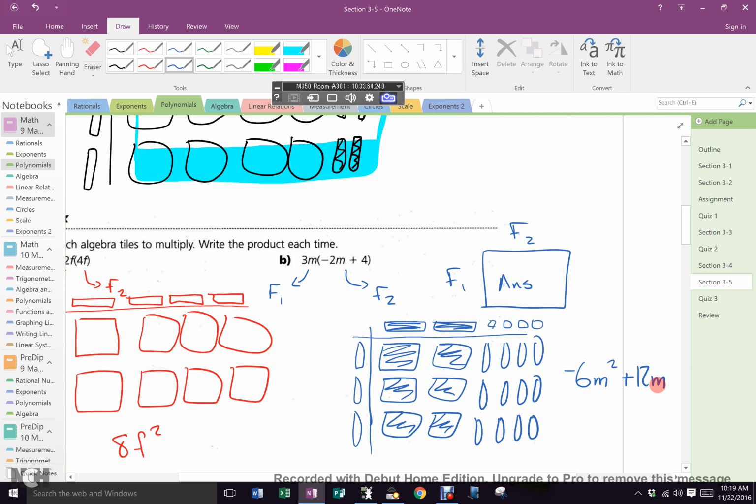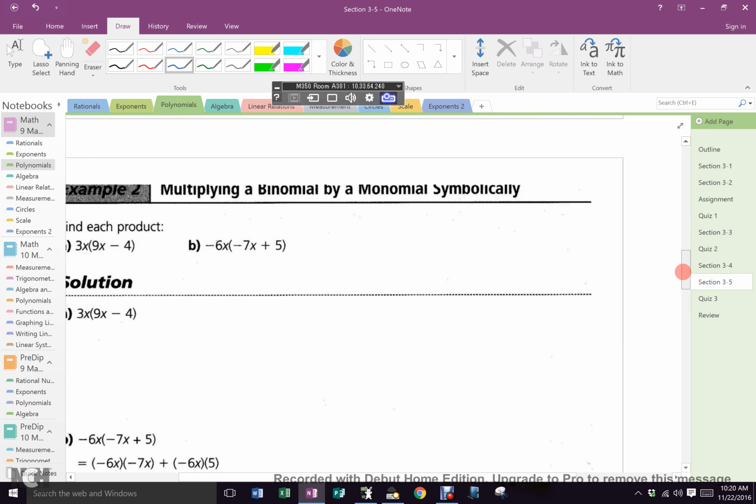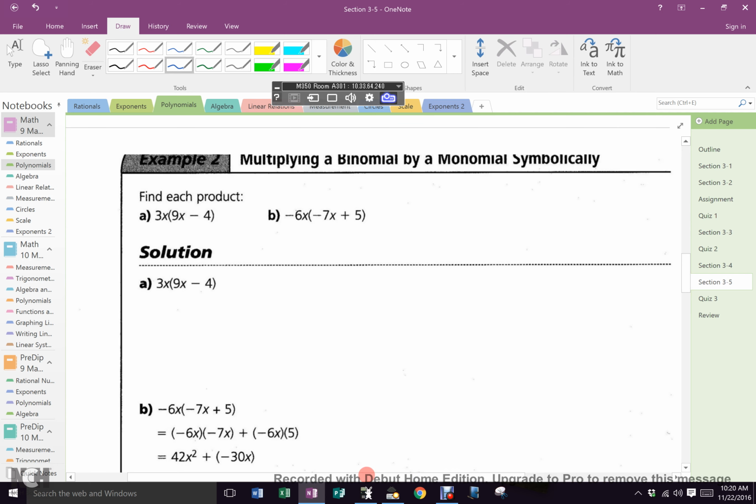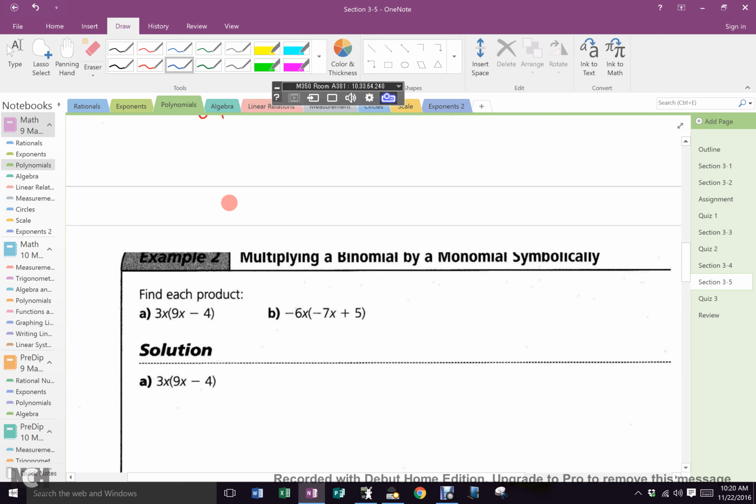Is everybody good with drawing? Yeah. Okay. Let's move it along to do it real math style. Now, yesterday, to remind you, we did this: 3 times 2x plus 4.